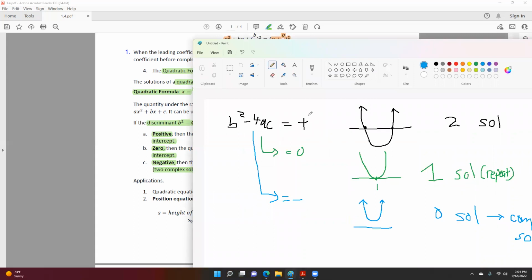So if your discriminant is positive, you will cross your x-intercept twice. If your discriminant is 0, you cross your x-intercept only one time. And if your discriminant is negative, it never crosses. That is the main part of the discriminant.